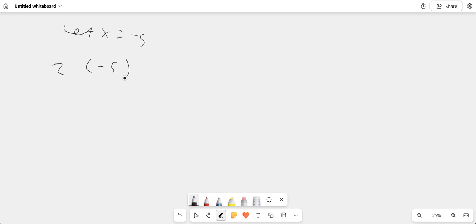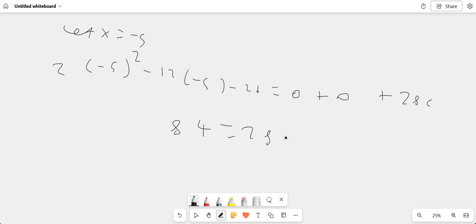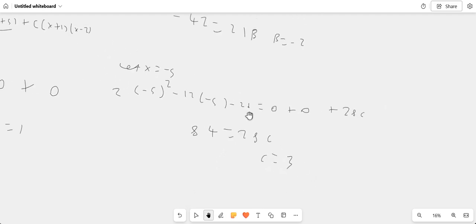So 2 open bracket minus 5 squared, minus 12 open bracket minus 5, minus 26 is equal to, if you put it in the first bracket, it will become 0 because minus 5 plus 5 cancels, and the b one cancels as well. And then put it into the c bracket here, you'll get 28. So 28c. So if you tidy up the left hand side, that's 84. So 84 is equal to 28c. So therefore, c is equal to 3. That's the final answer. Alright, question 5.